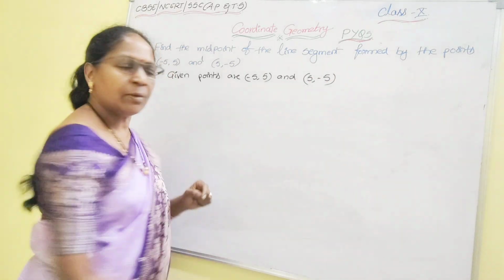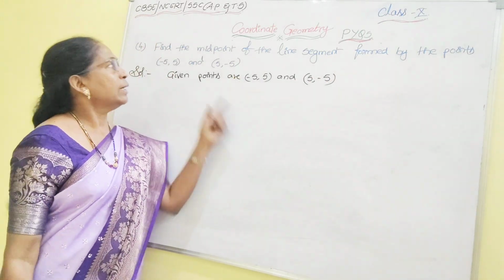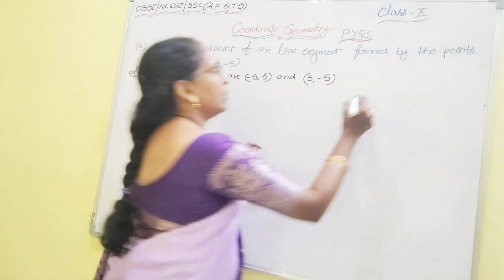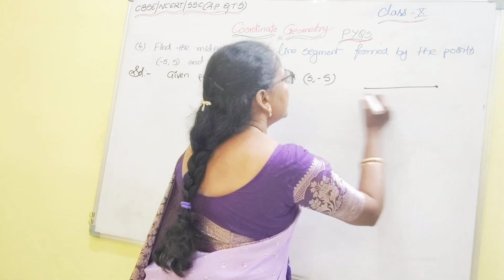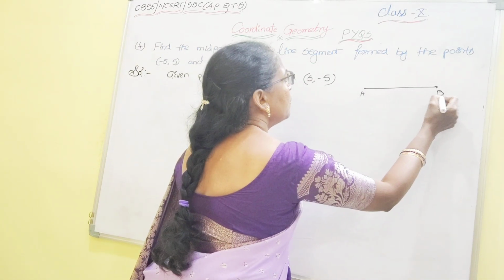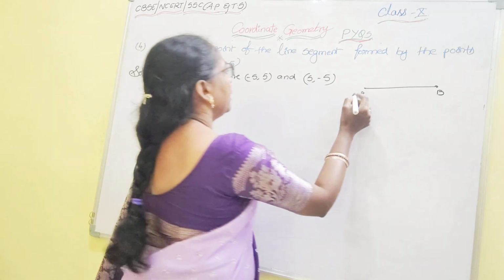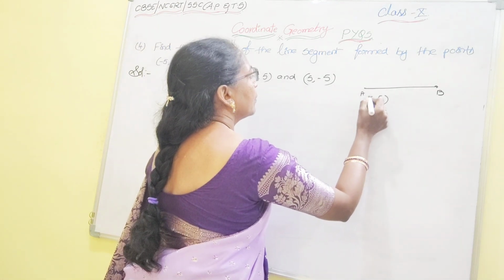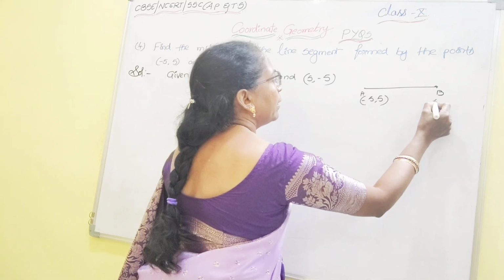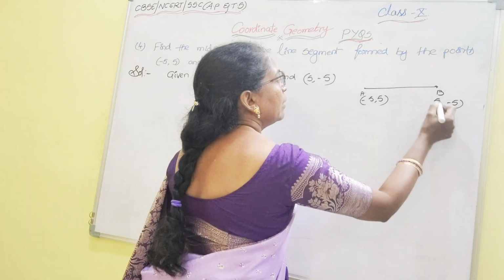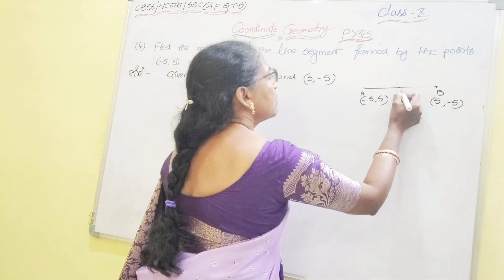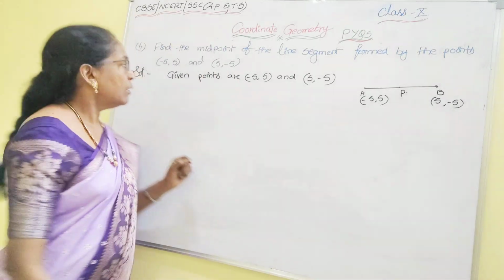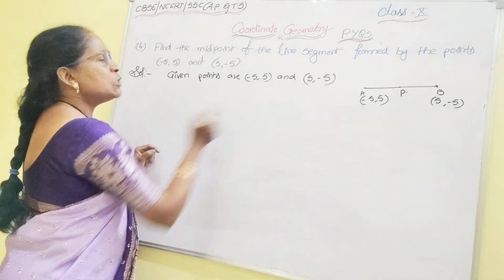What we have to find out? Here midpoint of the line segment. So this is the line segment, suppose let us assume A and B. So A point value is minus 5 comma 5 and B point is 5 comma minus 5. So midpoint is this one, you can assume as T.